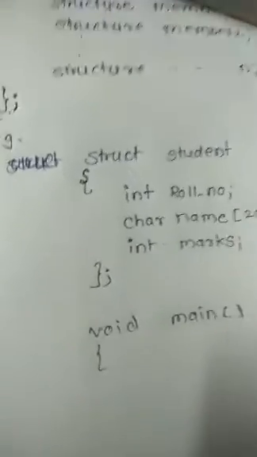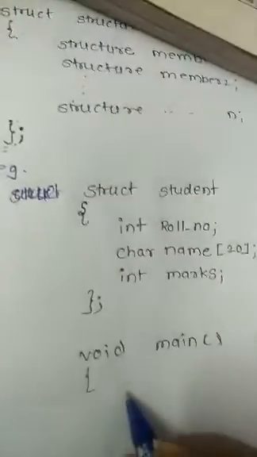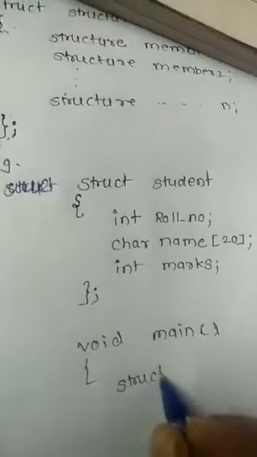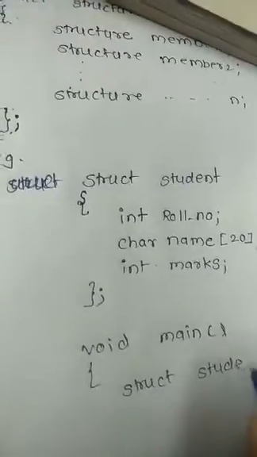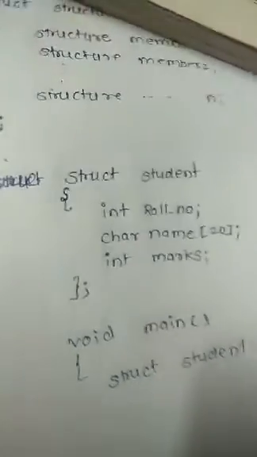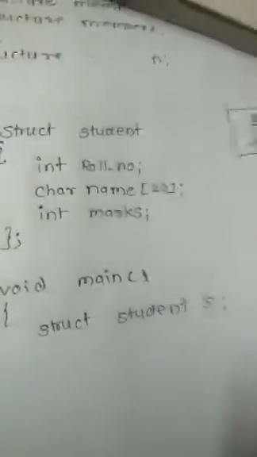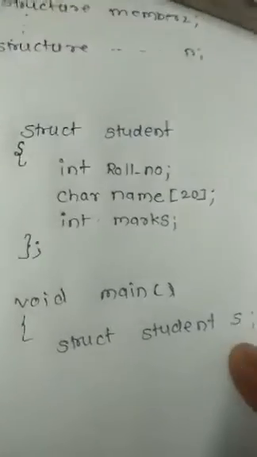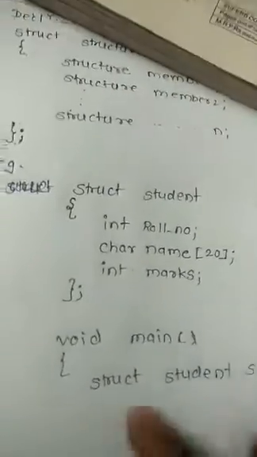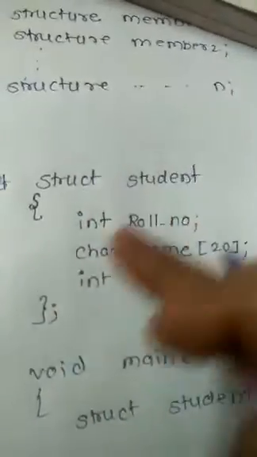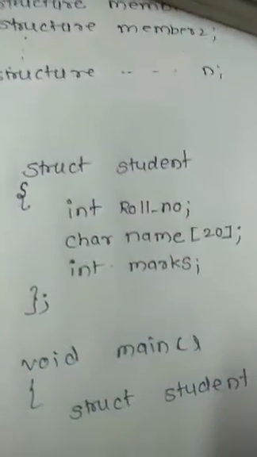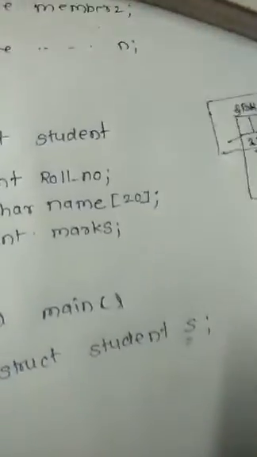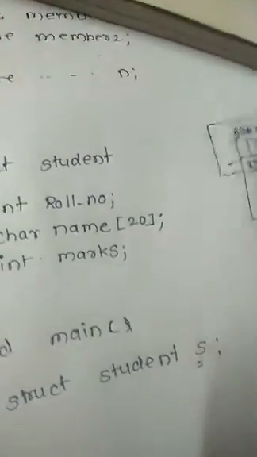When we write inside the void main function, I declare struct student s. What is s? s is my structure variable. When we declare this structure variable, struct student gets executed, and memory is reserved according to the structure. What is s? s takes the 24 bytes.